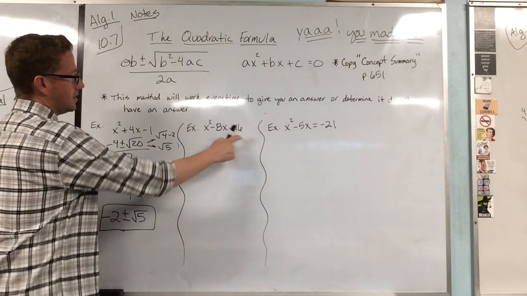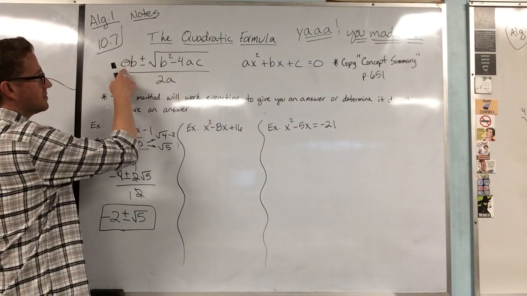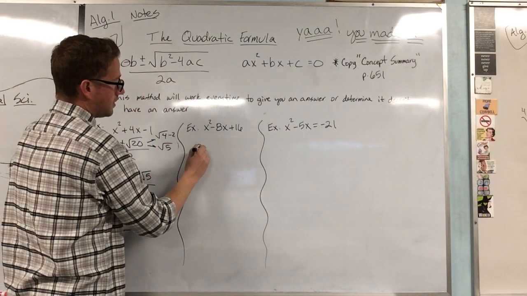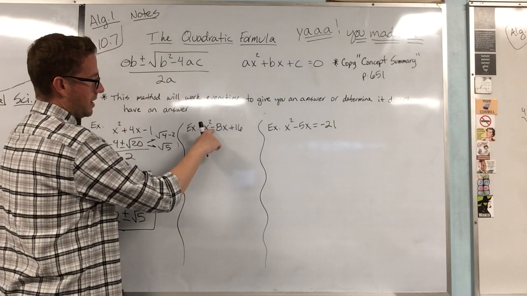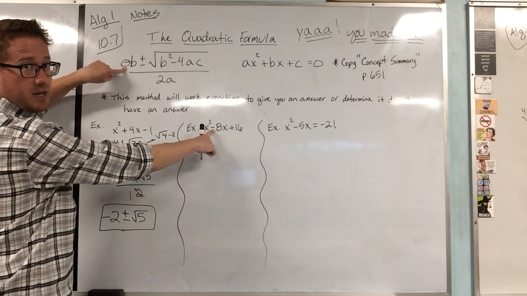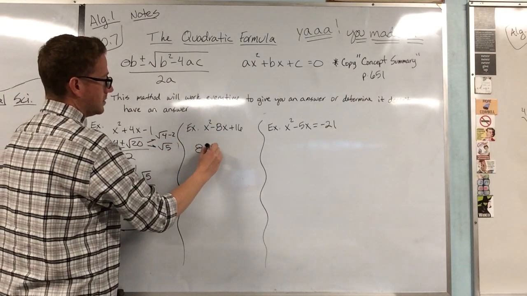All right, let's take a look at example 2 here. So it's already set up. We have a negative 8, but that negative sign right there with the negative b is going to turn it into a positive 8. Remember, that negative and that negative put together will create a positive. Now we're going to go plus or minus.